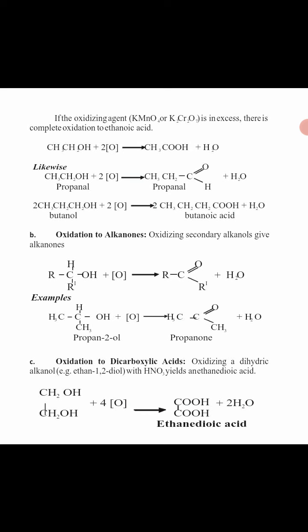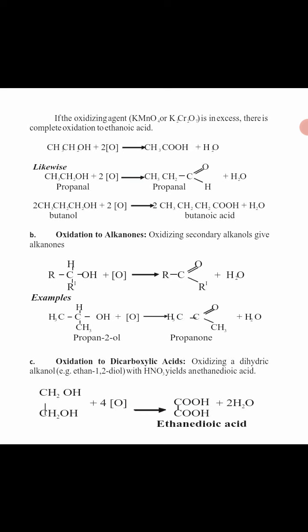Now don't forget, a dihydric alkanol is different from a tertiary alkanol. A tertiary alkanol is an alkanol that has 3 alkyl groups bonded to the carbon atom, while a dihydric alkanol is an alkanol that has 2 OH groups bonded to the carbon atom. So know the difference.